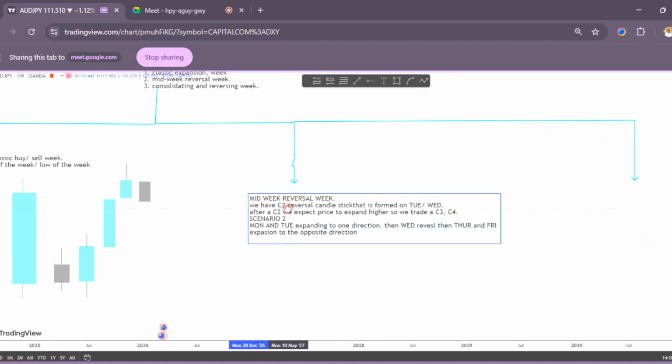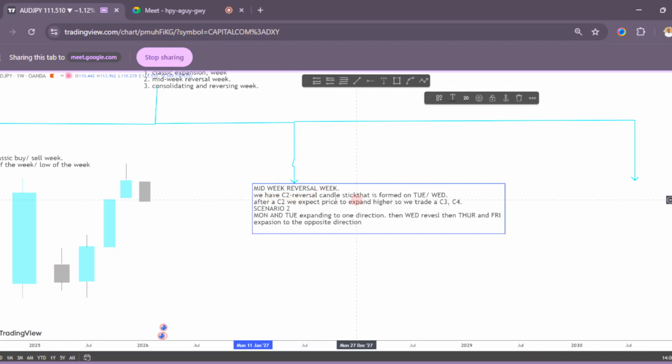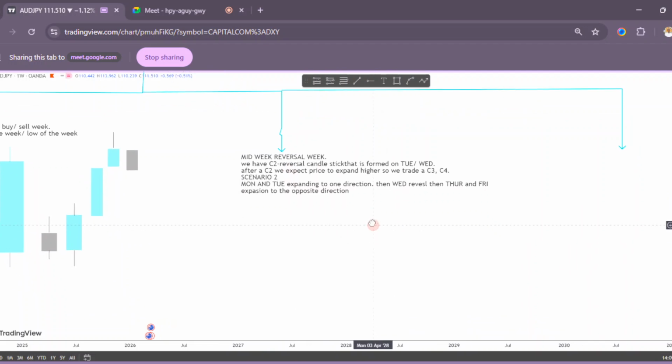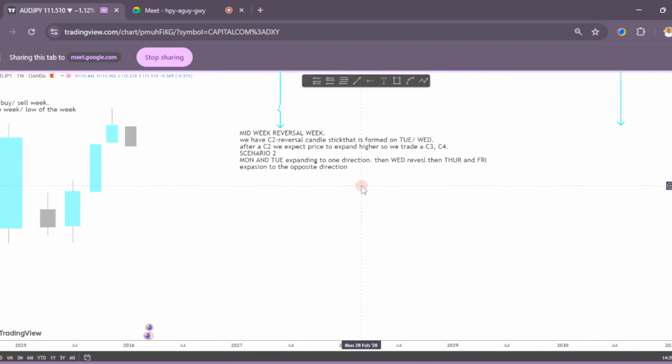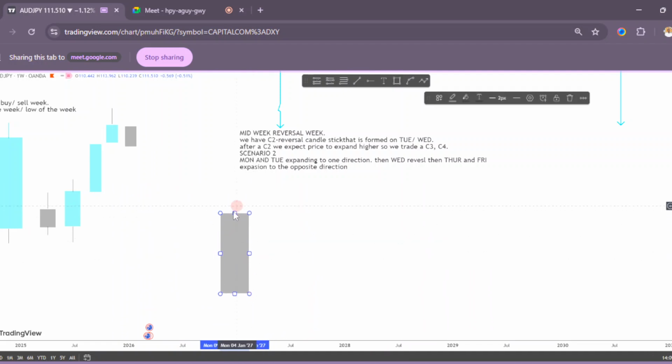So we can have either scenario 1, where we have a C2 that is formed on Tuesday or Wednesday after consolidation. If I was to map this out, one weekly candle will look something like this.